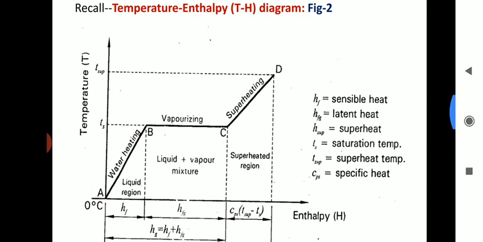These are expressed in terms of temperature versus enthalpy during the steam formation. So these things we have already discussed in the previous session.